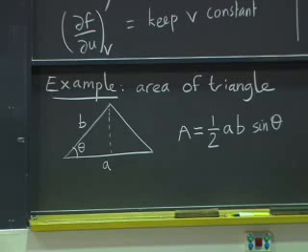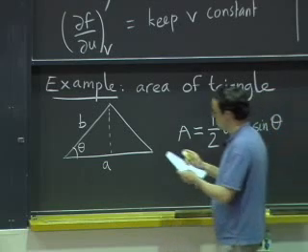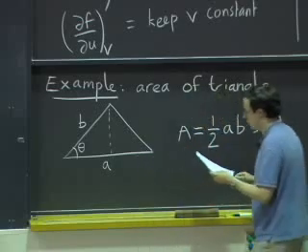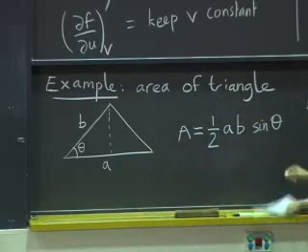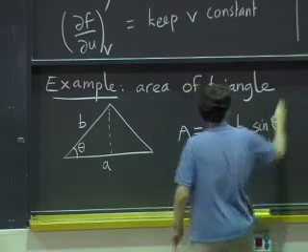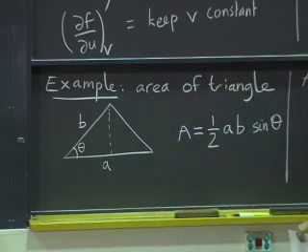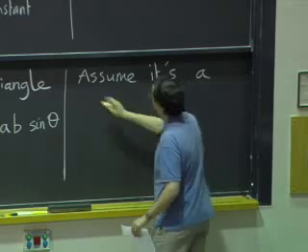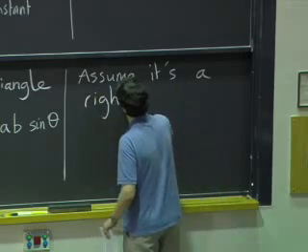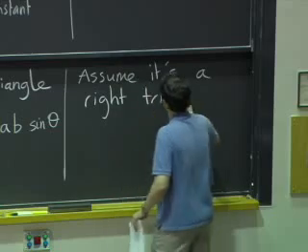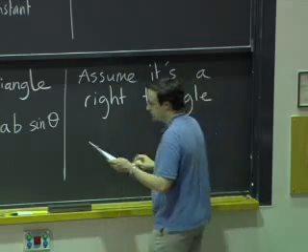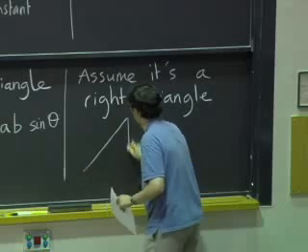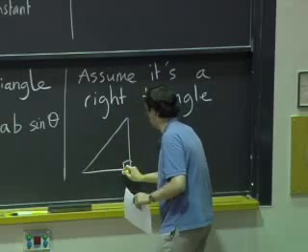Now, let's say there's a relation between A, B, and theta that I didn't tell you about. Namely, I want to assume that it's a right triangle, with, let's say, the hypotenuse B. So we have a right angle here.